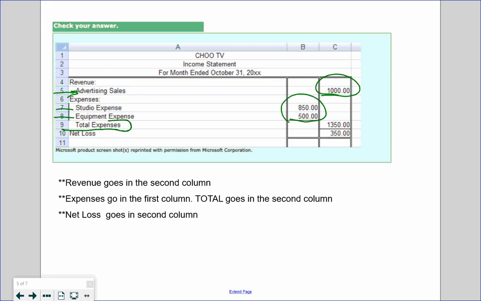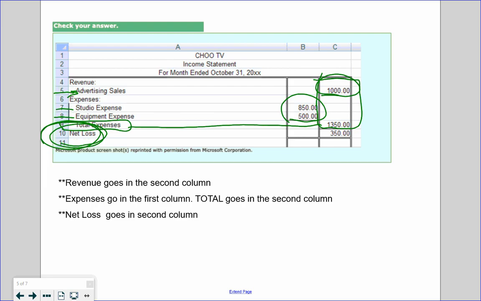The total goes in the second column. And then because when you go 1,000 minus 1,350, you end up with a negative, but don't write the negative in, just write 350 in. Where you're accounting for the negative is the fact that you're calling it net loss instead of net income.